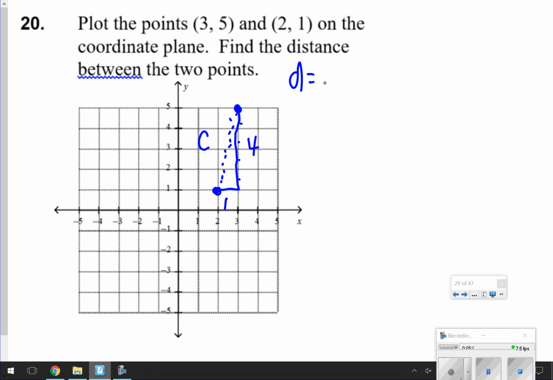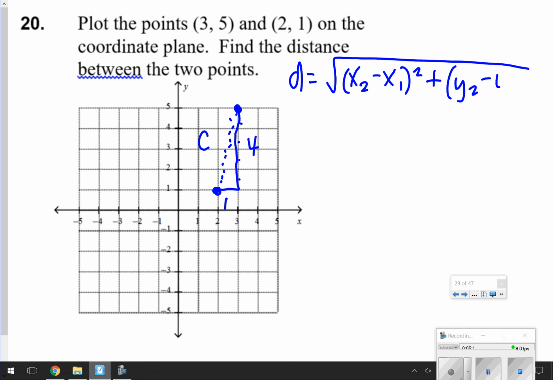Remember, distance formula is the square root of (x2 minus x1) squared plus (y2 minus y1) squared. I'm going to say 3 is x1, 5 is y1. Remember, everything that's first is x, everything that's second is y. Then 2 will be x2, 1 will be y2.